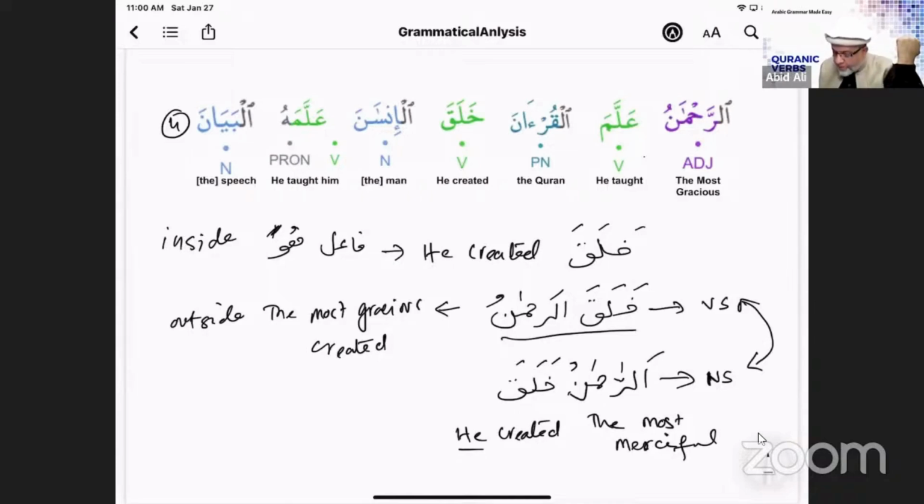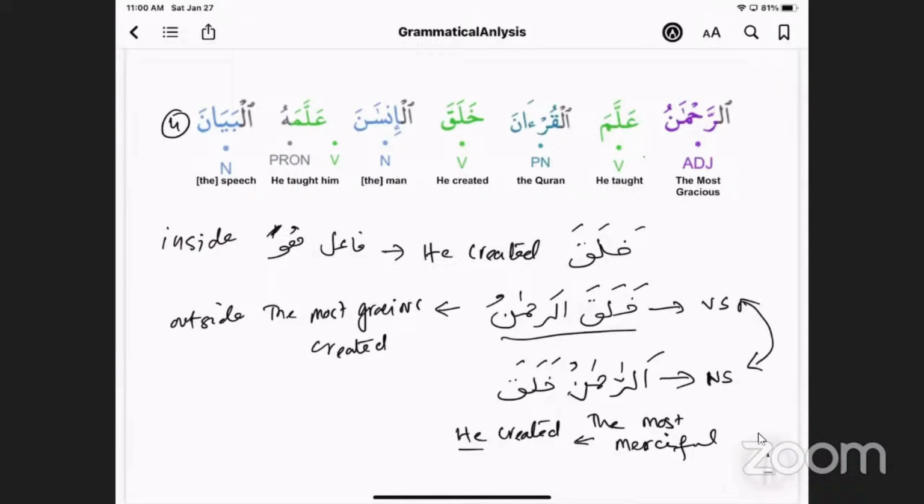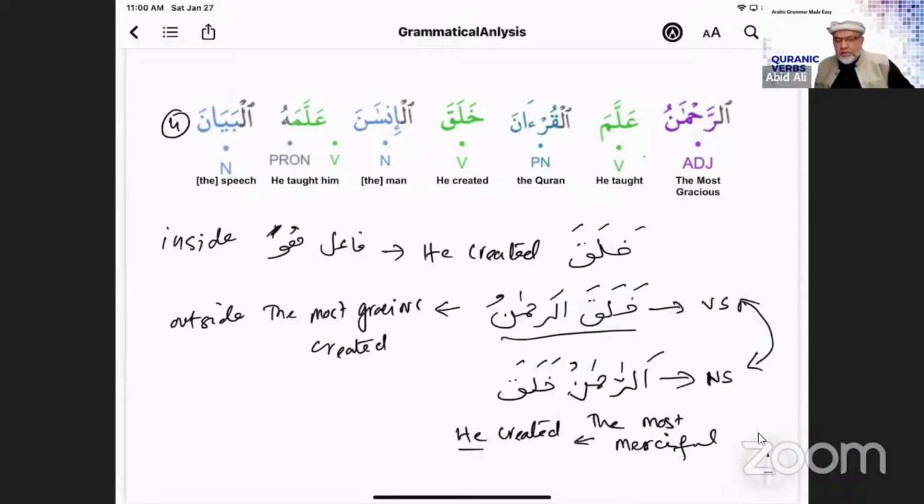But what does it do? It creates emphasis in the sentence. The most gracious, he created. So there is a double emphasis here. Making sense? Another reason I did this exercise is so that you can understand how little things can change the structure of the sentence. Now with a show of hands, this one little exercise, how does it feel?